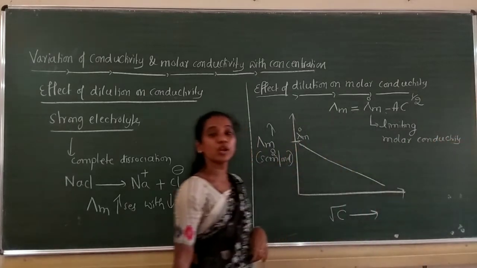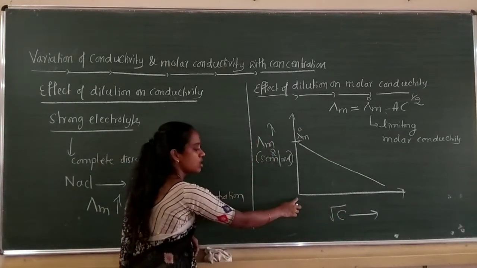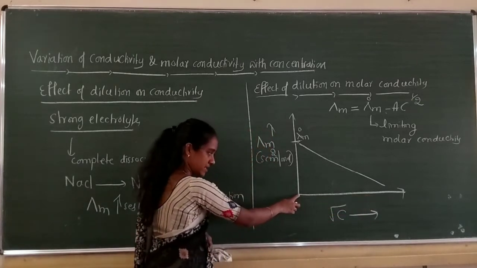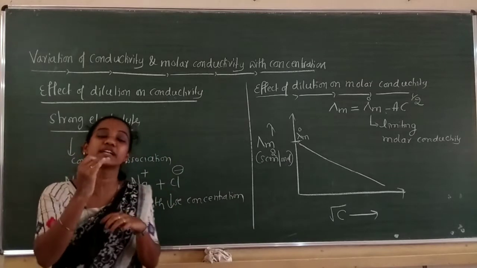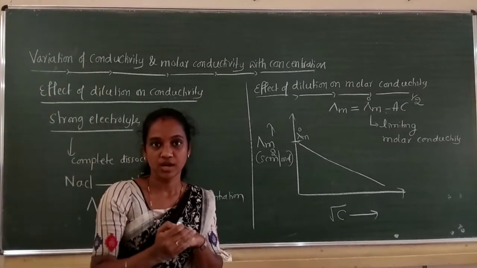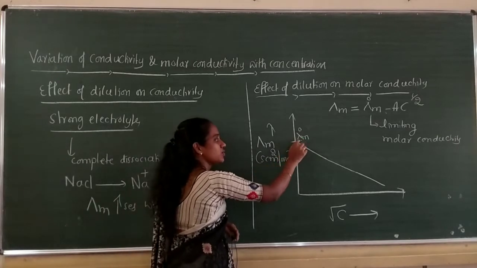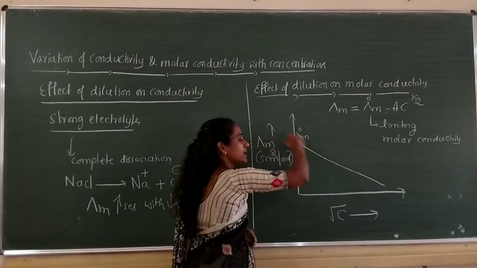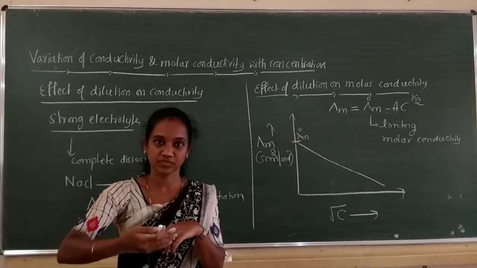What is limiting molar conductivity? When the concentration approaches almost to zero, at the zero concentration, means at infinite dilution, the molar conductivity value is termed as limiting molar conductivity, and thereafter there is no variation.